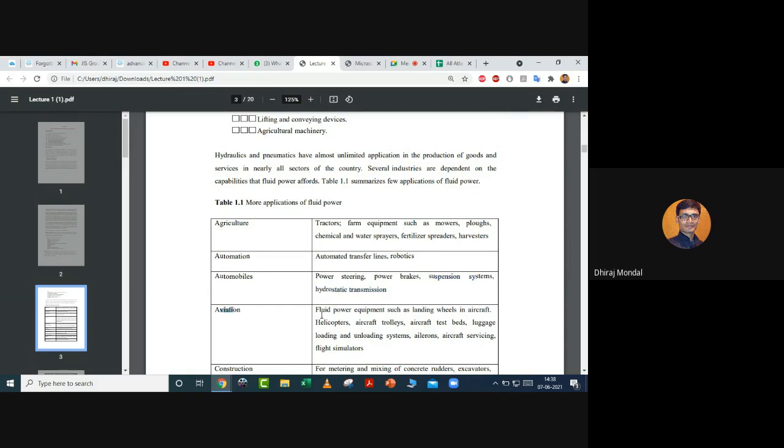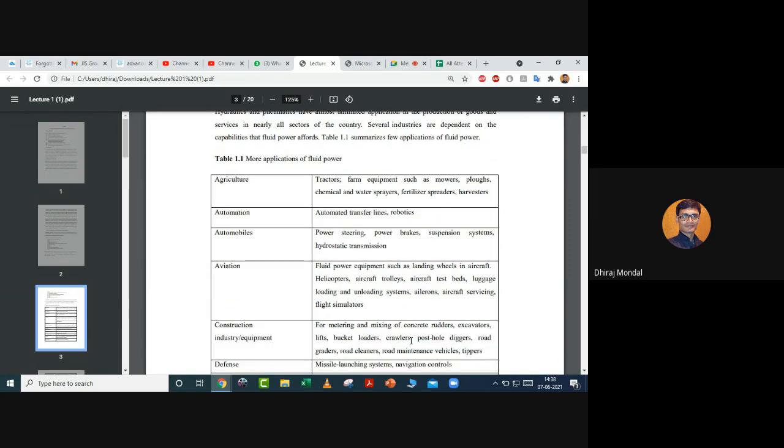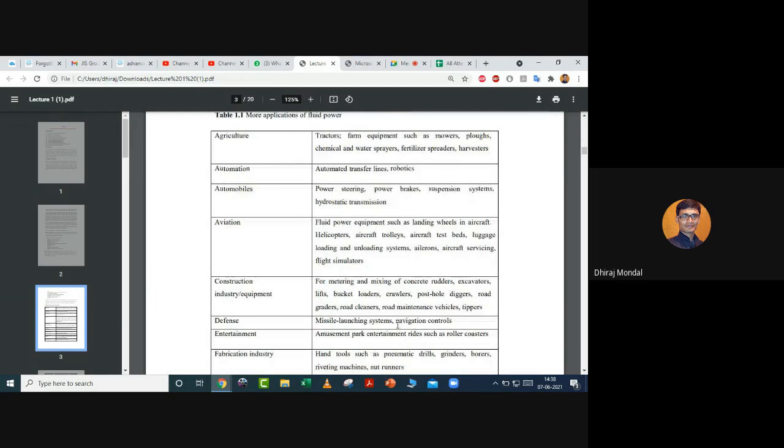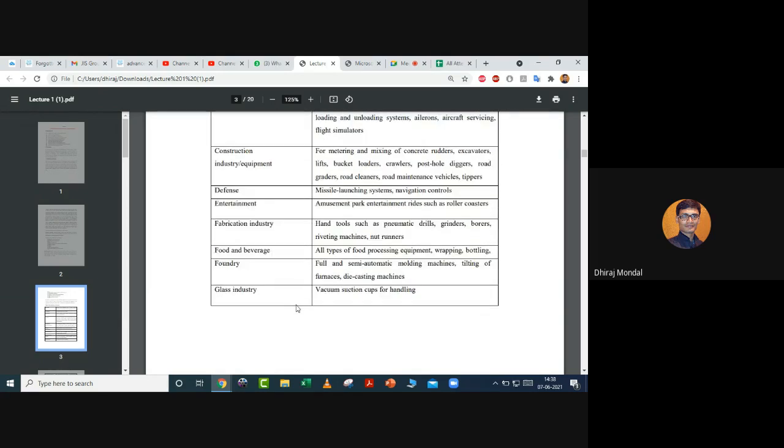In the aviation industry: fluid power equipment such as landing wheels in aircraft, helicopters, aircraft trolleys, aircraft test beds, luggage loading and unloading systems, then aircraft servicing, simulators. These are the applications.